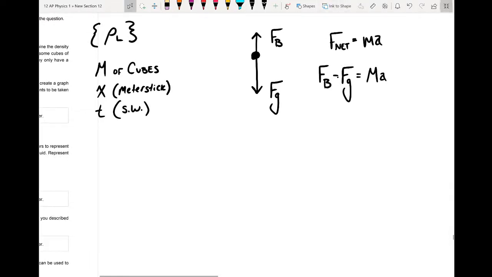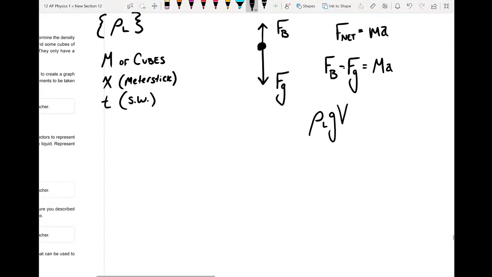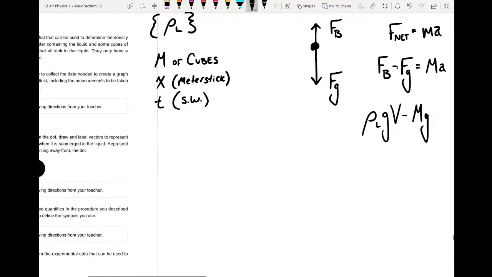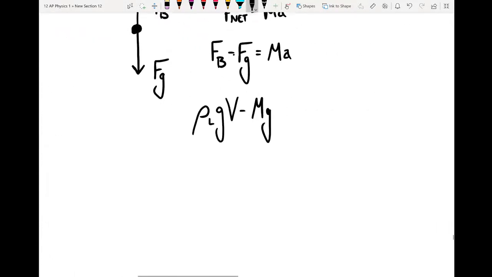The buoyant force is rho L, the density of our liquid, times g times the volume that's displaced. Because the cube is submerged, that's the volume of our cube. Fg is just the weight of the cube, equal to M times g. I'm writing it as a capital M because we know the mass M. And that equals M times a.